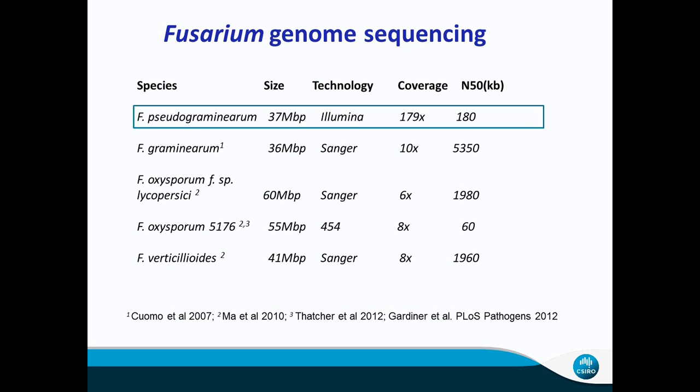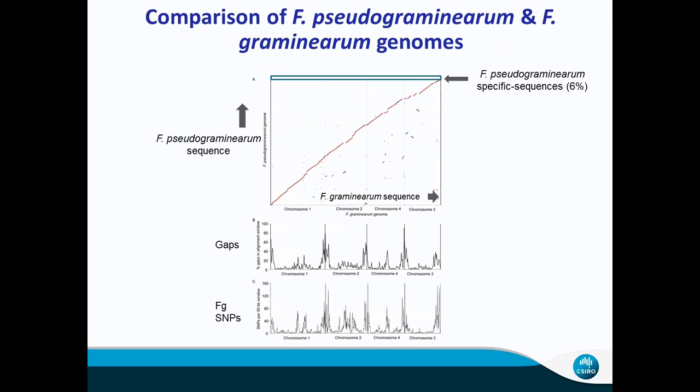One of the things that we have done earlier is to sequence the Fusarium pseudograminearum genome and then compare it with other genomes. Obviously, by doing genome sequencing, you can obtain quite a bit of information. This was a couple of years ago.